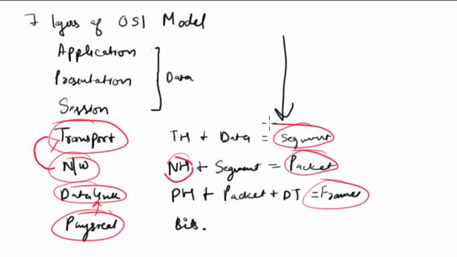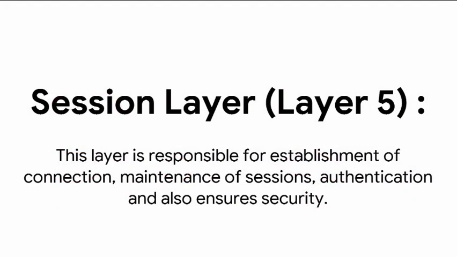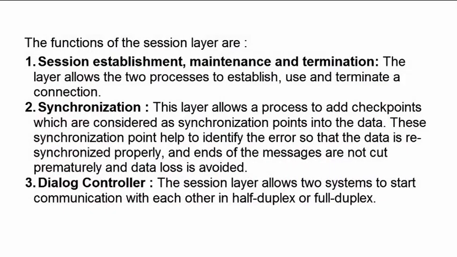Now we should move on to the next layer, the session layer. This layer is responsible for establishment of connections, maintenance of sessions, authentication, and also ensures security. The functions of the session layer are session establishment, maintenance, and termination. The layer allows two processes to establish, use, and terminate a connection.